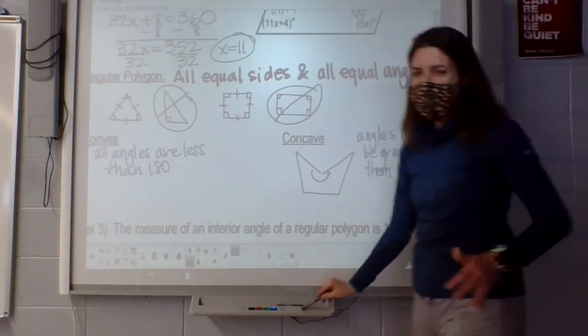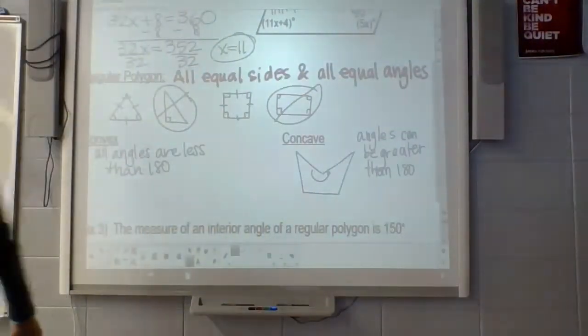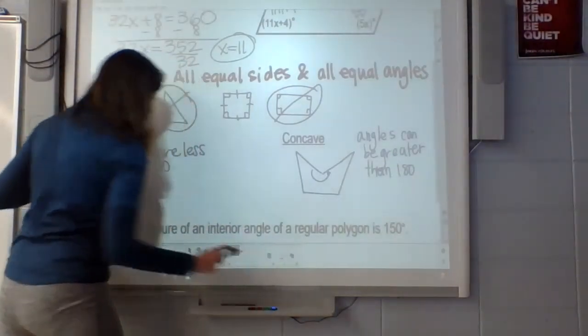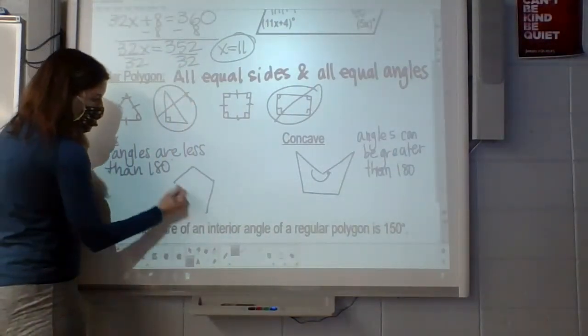You don't see these as often because they're a strange shape, but it's still a pentagon. That's a concave, and then convex would be just our normal pentagon.